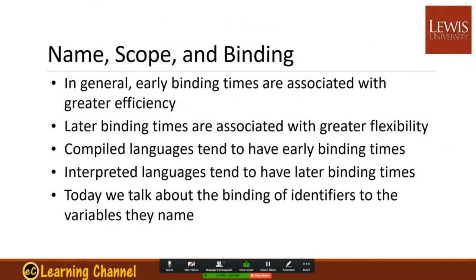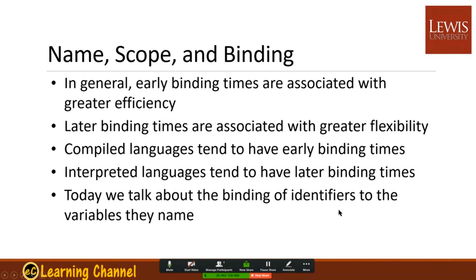In general, early binding times are associated with greater efficiency. It will be faster because you don't need to wait until too late to load the function that you need. Later binding times are associated with greater flexibility. Compiled languages tend to have early binding time. Interpreted languages tend to have later binding time.